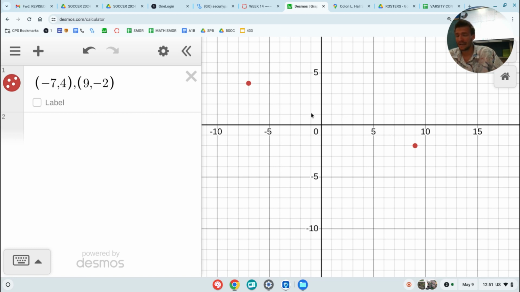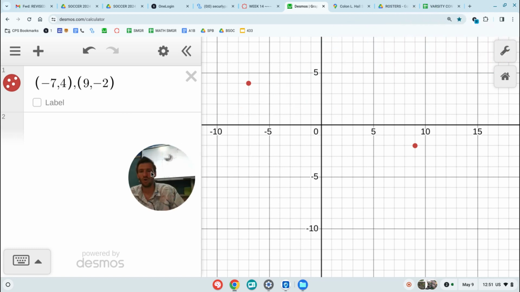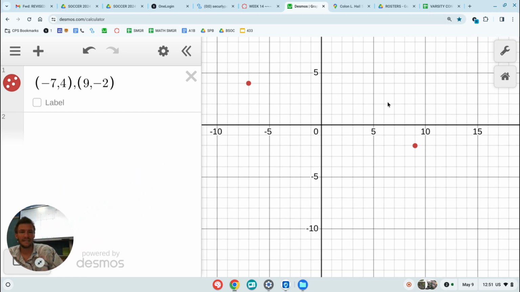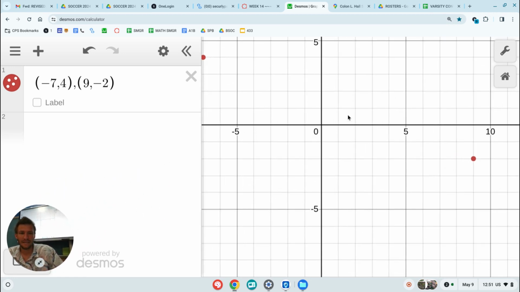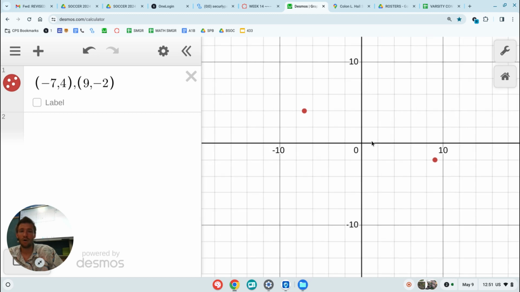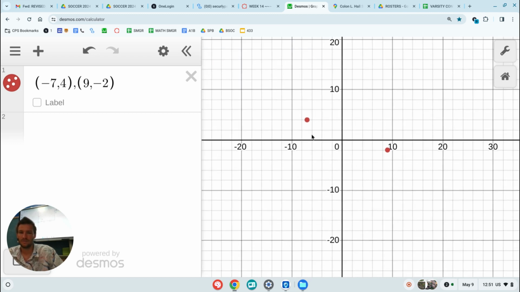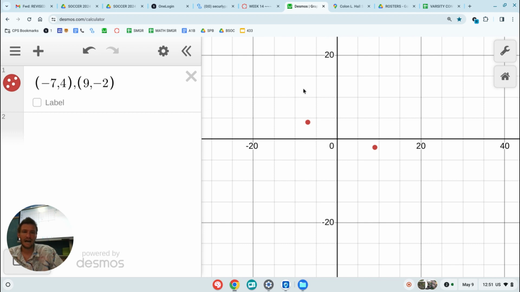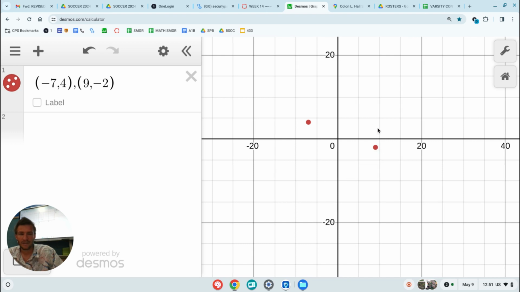The other thing, and this is the real reason that I don't like this method, is that if you zoom in or if you zoom out, DESMOS will change the grid on you, right? Because DESMOS thinks, I don't need those tiny grids, and DESMOS will change it up. Obviously, you can't count up 1 here because there's only one big grid.